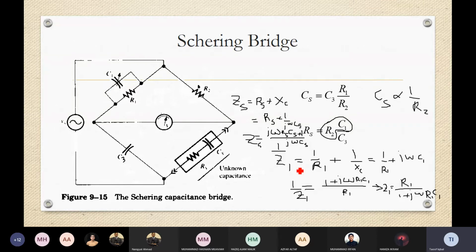So we have to use the parallel operation to find the equivalent Z1 as we did in the previous slide. So we have R1 in the numerator divided by 1 plus j omega R1 C1.